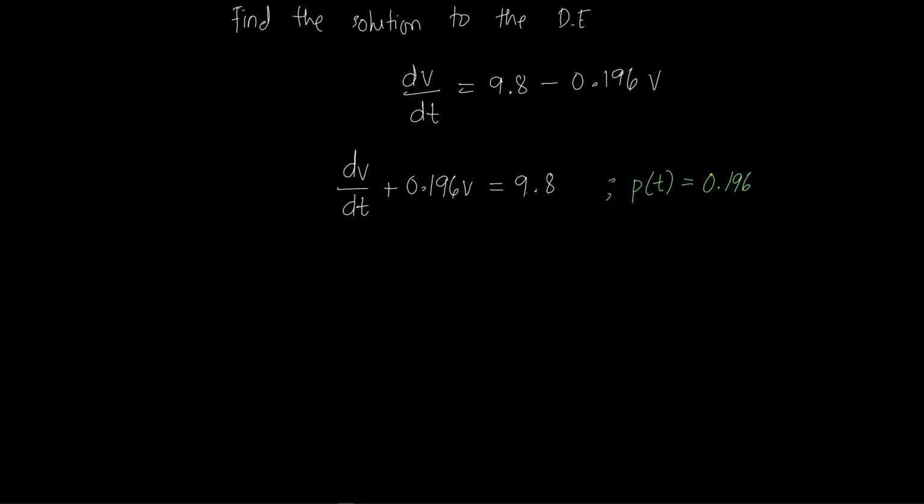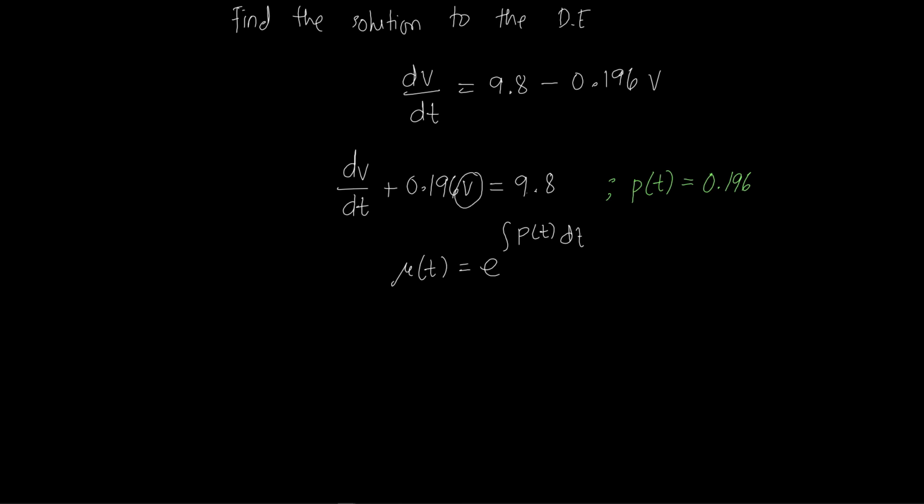Okay. Then, unsa man ang atong mu of t? Mu of t is equal to e raised to the integral of p of t dt. Di ba? Sir, kanang sa p of t na to, kaya dili apil ang V ana, kanang 0.196 V?